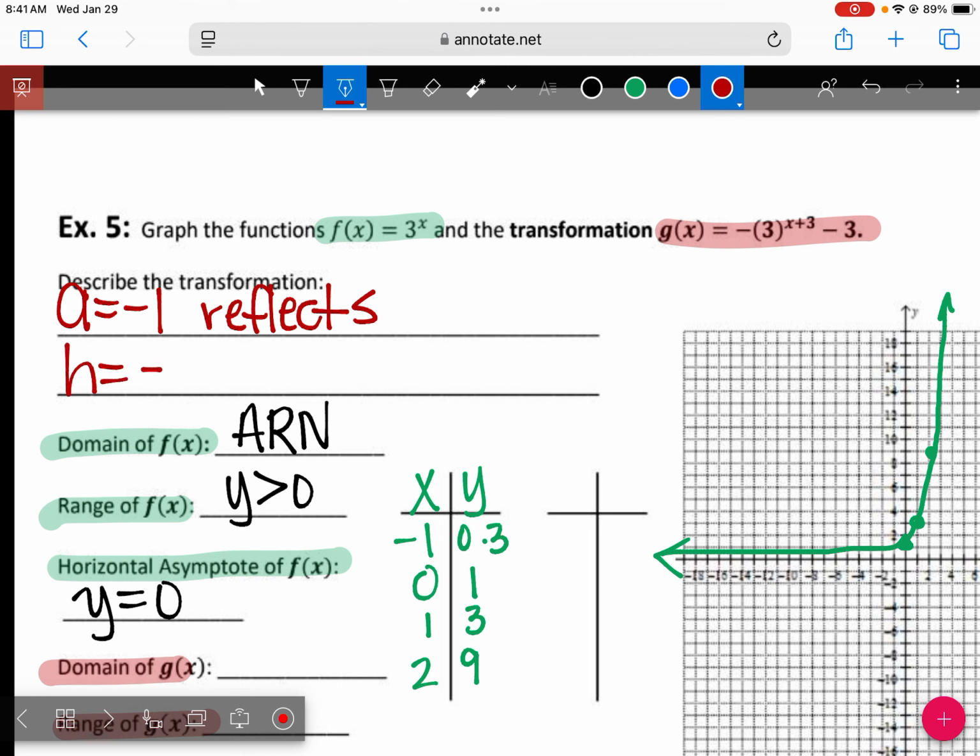The H value is -3, because remember you flip the sign, which is going to make it go left 3. And then our most important player, which is K, that's the MVP. K is -3, which is going to move our graph down 3.